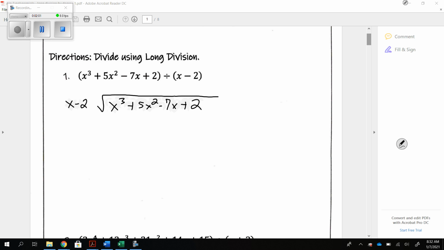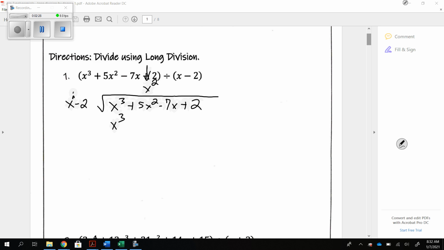Okay, so x cubed divided by x, remember, picture this as x to the first, is going to be x squared. Because we know x squared times x over here would be x cubed, and that's going to cancel out. We want to be able to cancel out the first one as we go across this line.